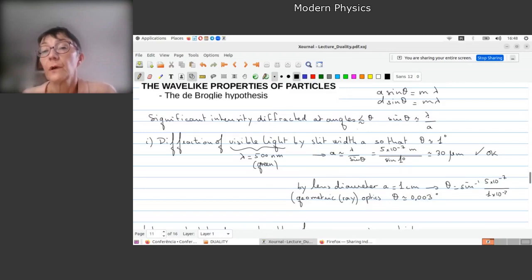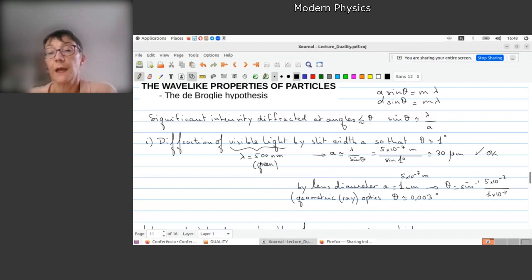So to have something visible, you have to have an aperture comparable to the wavelength. So here this is much larger than the wavelength. Here you have 5 × 10⁻⁷ meters. Here you have 1 × 10⁻² meters.